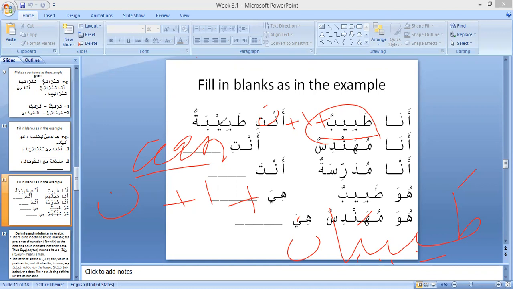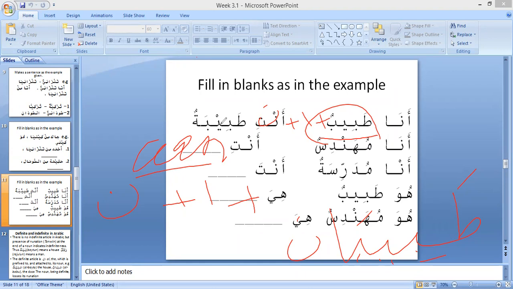I think it will still be Tabiban because we said the dual is irrespective of gender, right? Well, did we say that? We only said the pronouns antuma and huma are for dual irrespective of their gender.